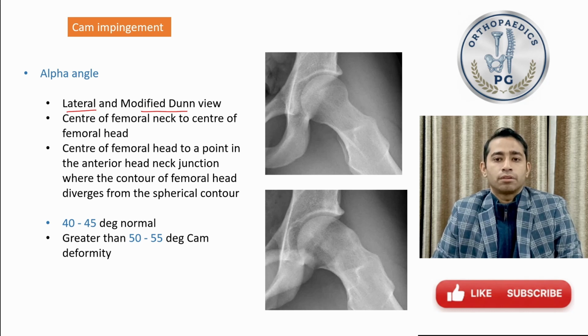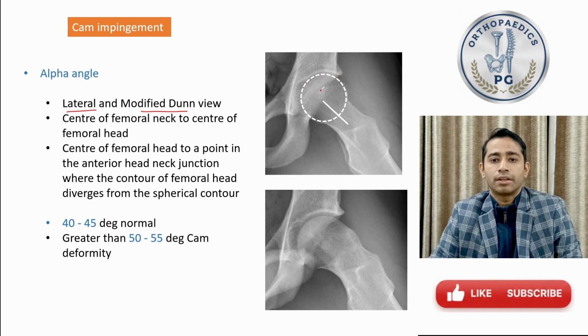Now for this, we first make a best fit circle along the spherical contour of the femoral head, and then we make the angle between two lines. The first line is from the center of the femoral neck to the center of the femoral head, and the second line is from the center of the femoral head to the point on the head neck junction which intersects with this circle, that is the point where the femoral head stops being spherical.